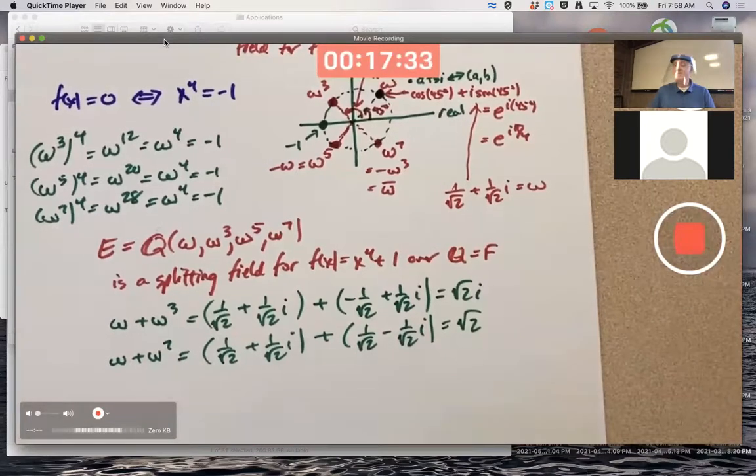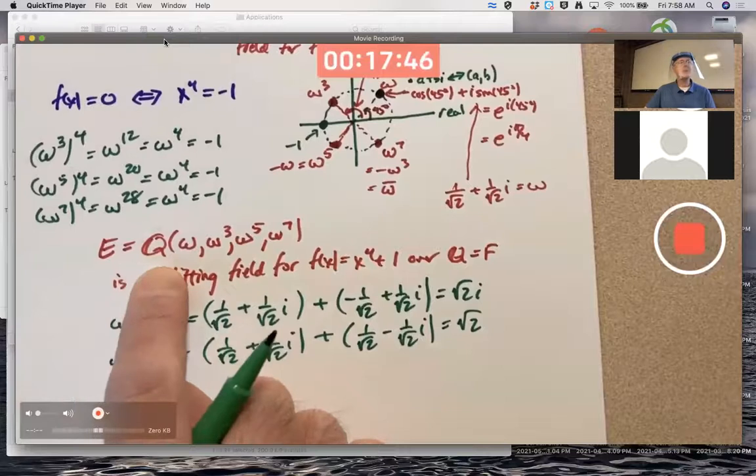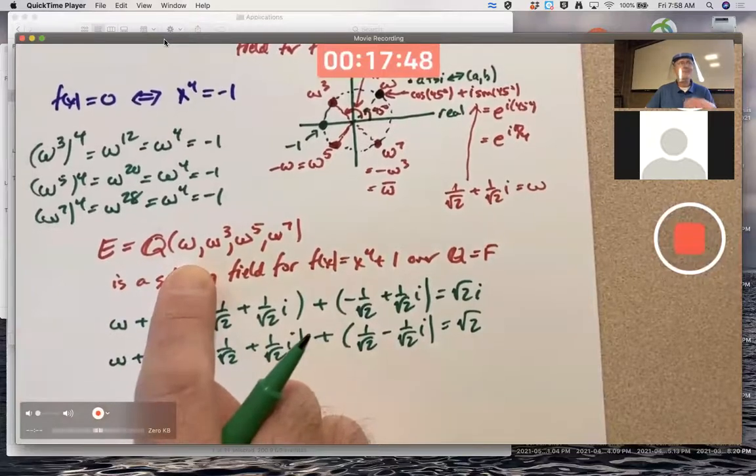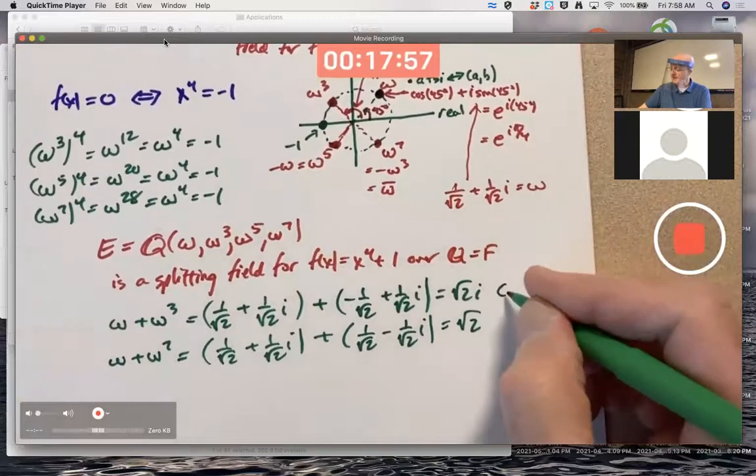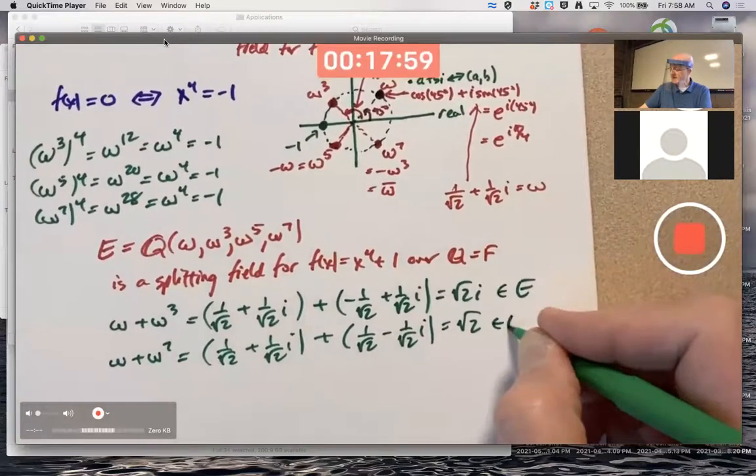These things are in E, and this is actually worth knowing if we're going to fully think about this in terms of the Galois group and the tower of fields. What other fields are between Q and E in a lattice diagram? This is actually good information to know. It'll help us to realize these are also in E. And again, the reason they're in E is because E is a field.